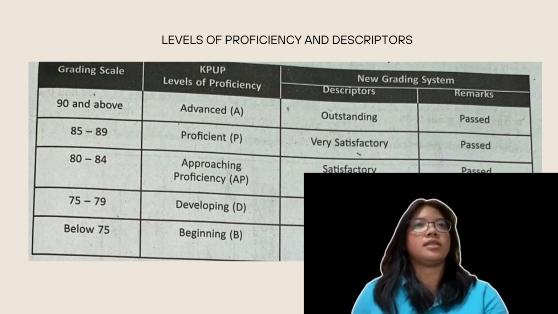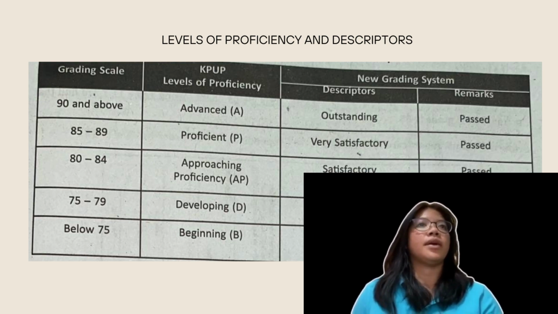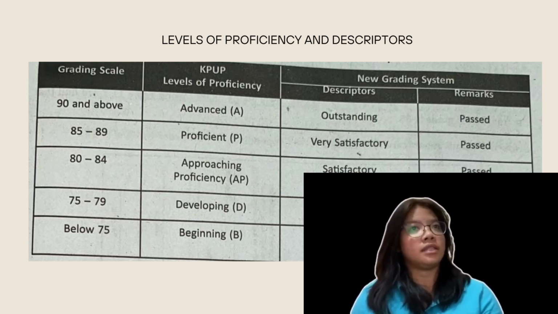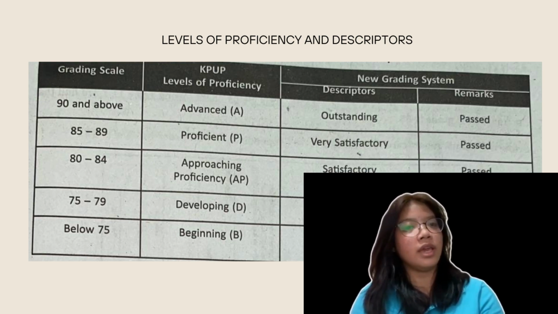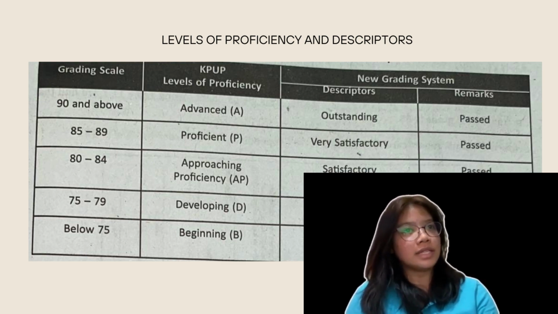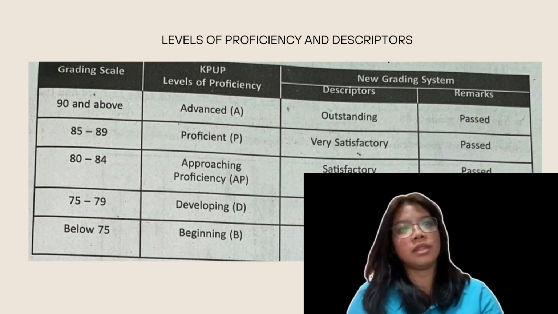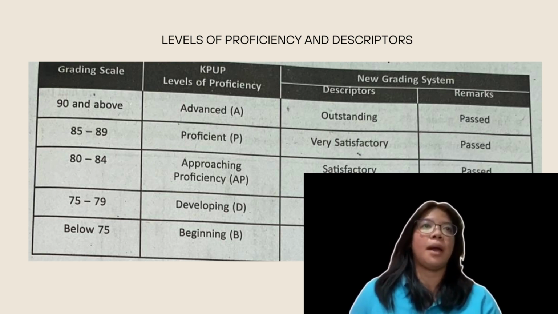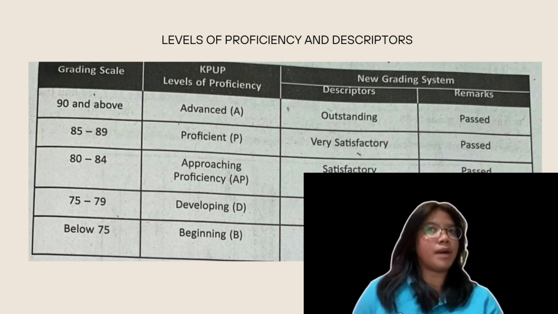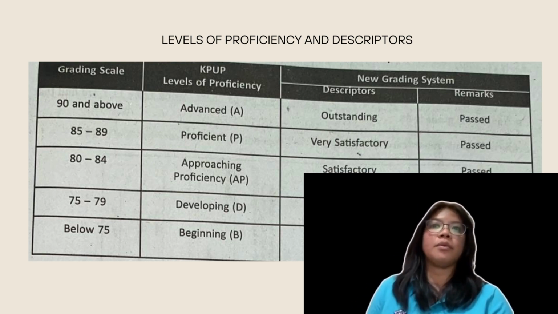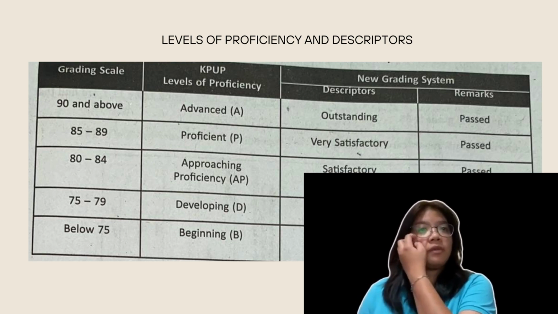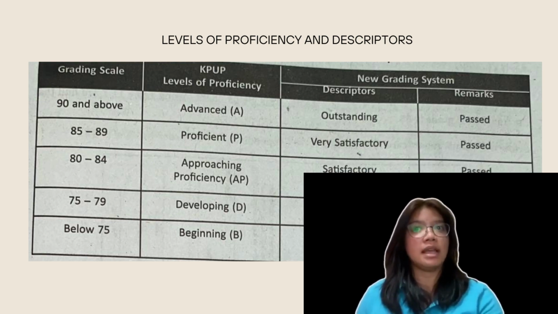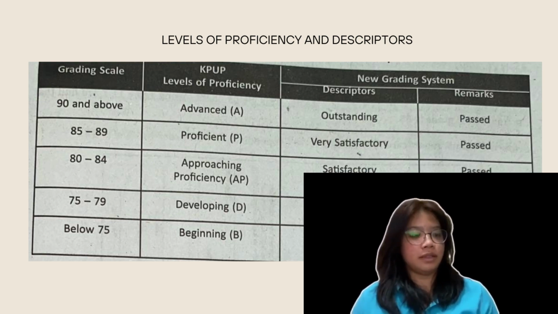New grading system descriptors: outstanding, very satisfactory, fairly satisfactory, did not meet expectation. Remarks: 90 passed, 85 to 89 passed, 80 to 84 passed, 75 to 79 passed, and 75 below is failed.